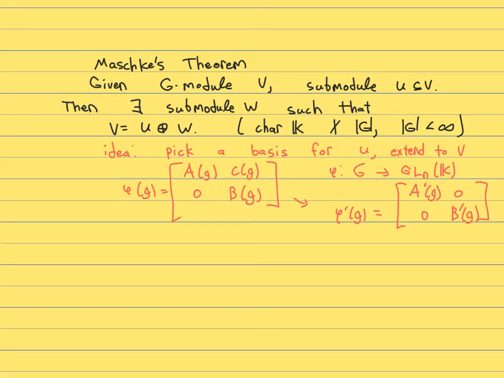You can just do Gaussian elimination and just subtract multiples, and if you remember Gaussian elimination algorithms very well, you know that that actually corresponds to creating a certain matrix and conjugating by it. And so for one matrix to get from here to here is actually doable. The problem is that you need to do this for every single group element, and it has to be the same matrix for every single group element.